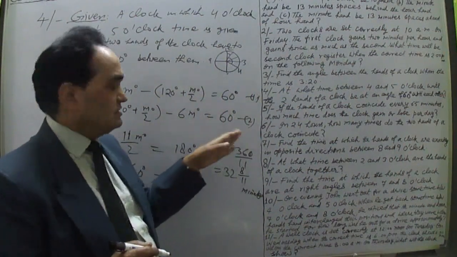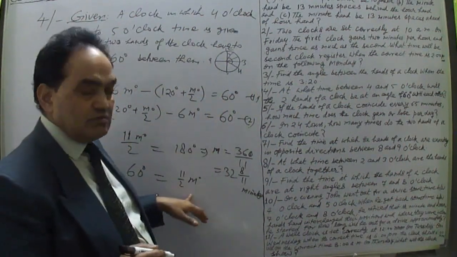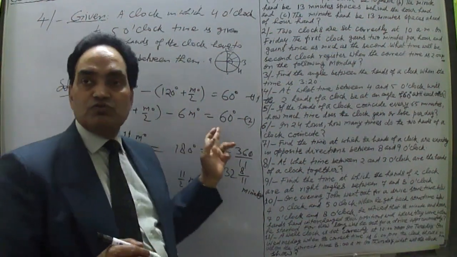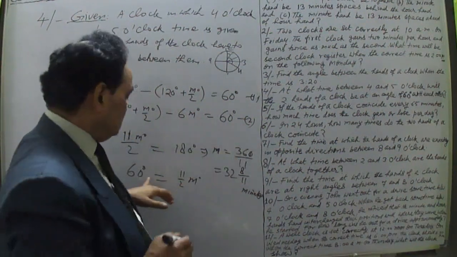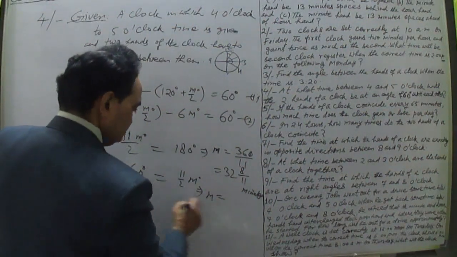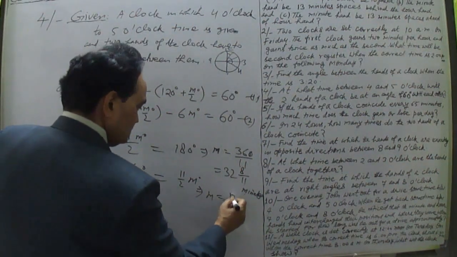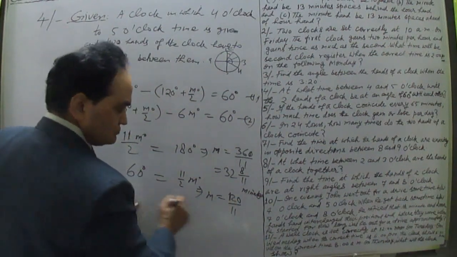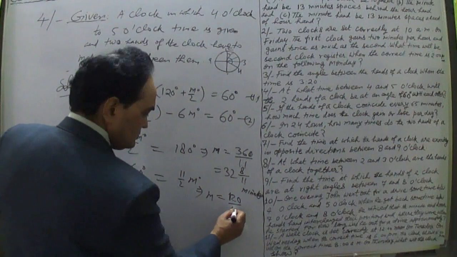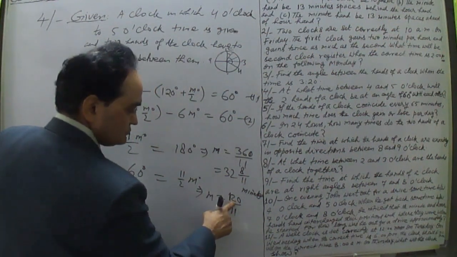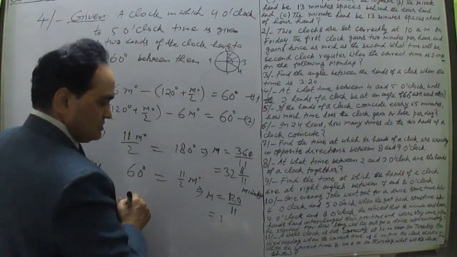Again 6m minus m by 2 is 11 by 2m. 60 taken to this side will give us 120 minus 60 degrees only. Therefore this implies that m is equal to 120 divided by 11. Right?